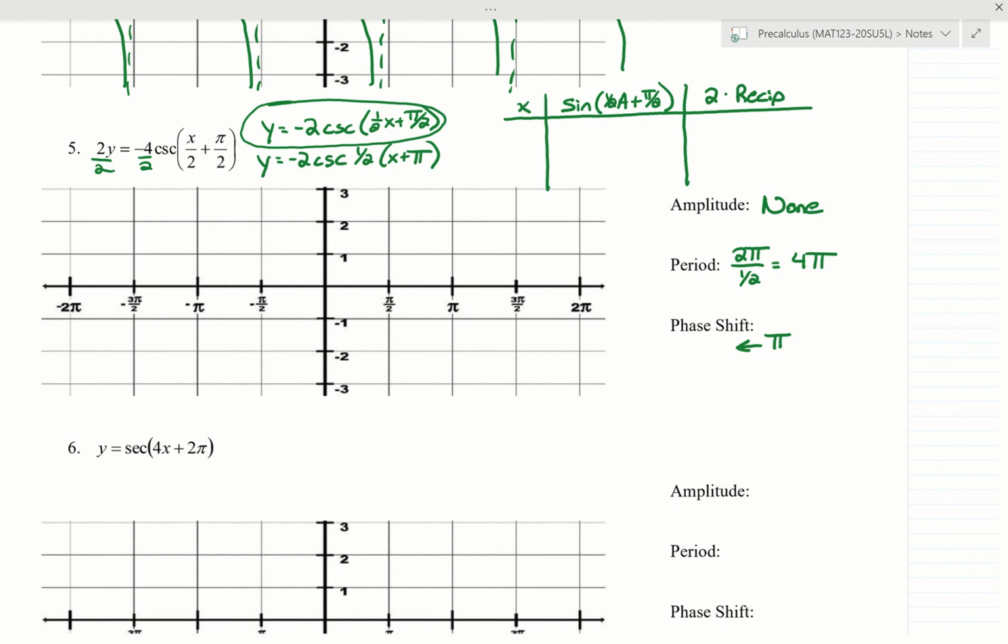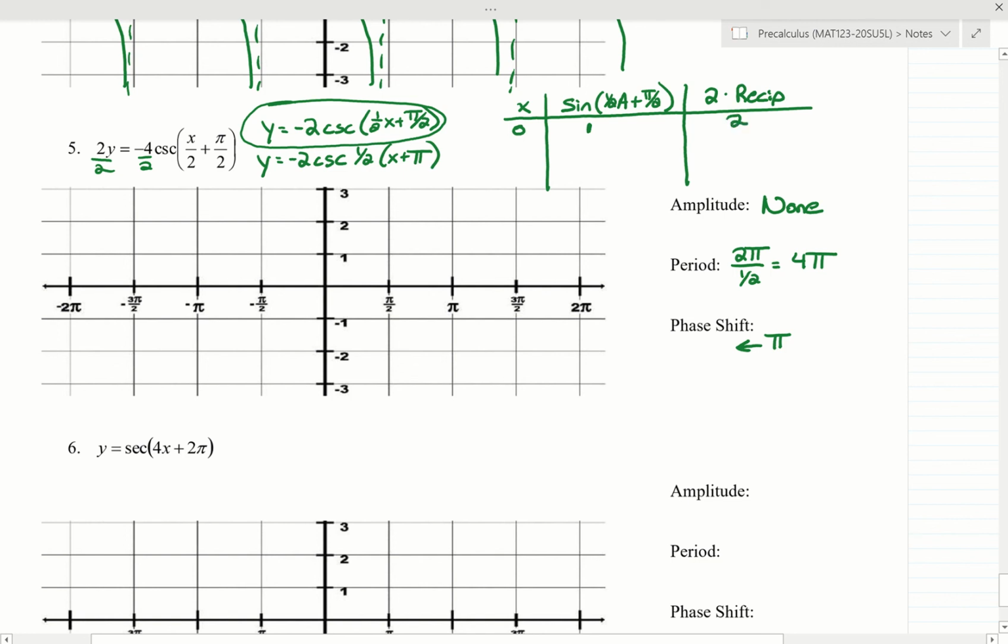Okay, so I'm going to type in sine of 0.5 mem variable a plus pi over 2. Well, let's pick a number here. So at 0, my graph is 1. So 2 times the reciprocal of 1 is 2.